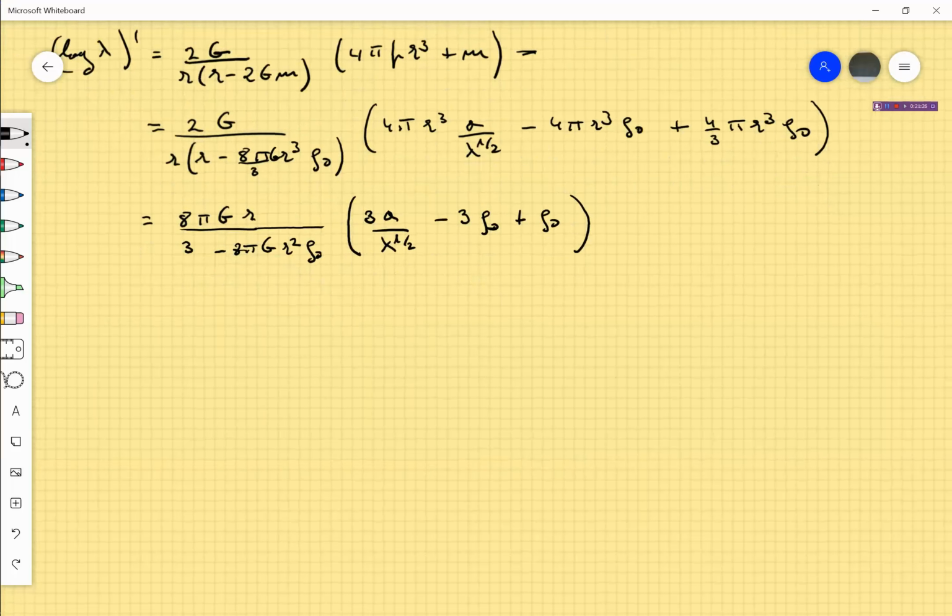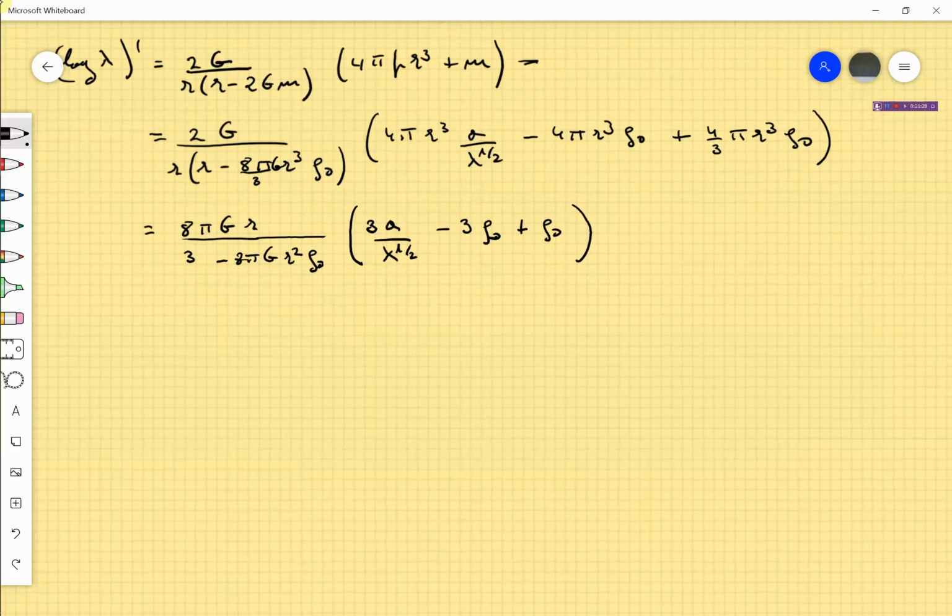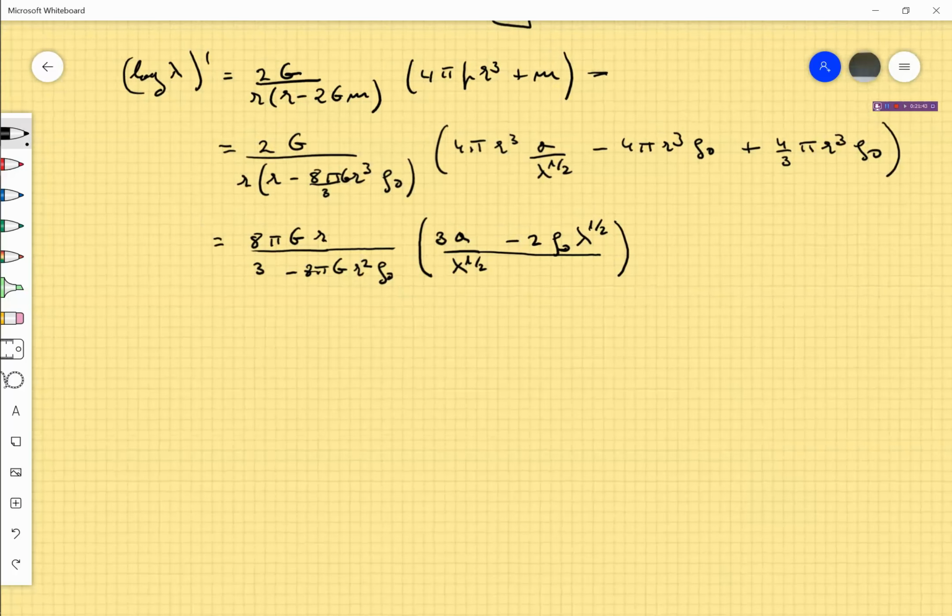Okay, this is just minus 2 rho 0. Okay, if I take a common factor lambda 1/2, it takes this form.